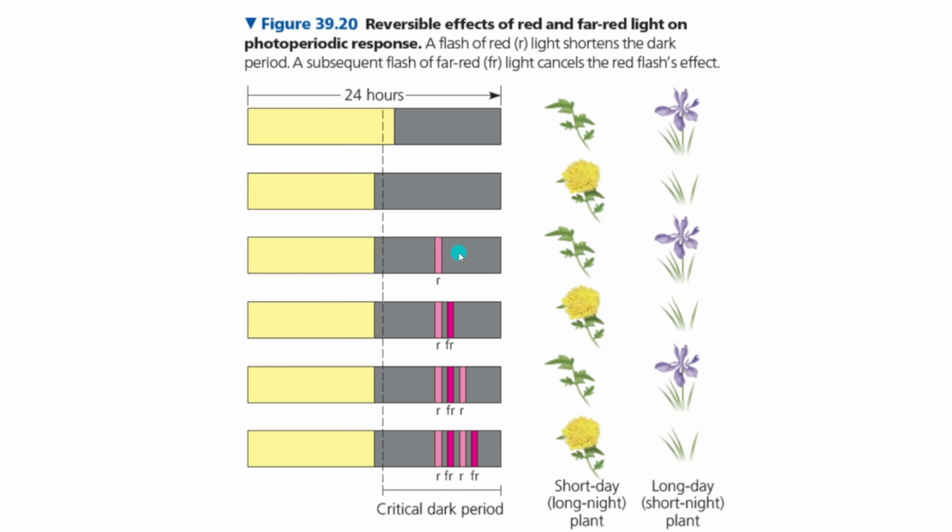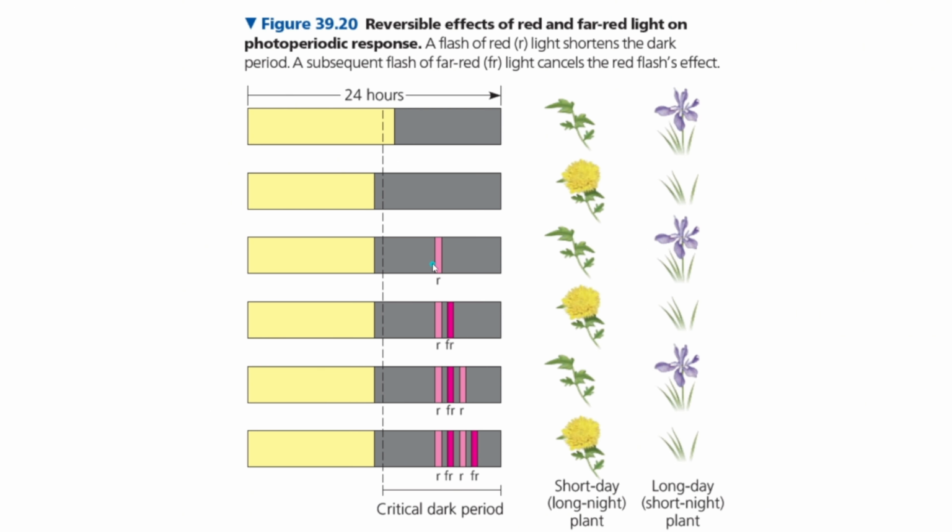When you have the red light, meaning that at this period, PR is converted into PFR. PFR will be higher, PR is lower.